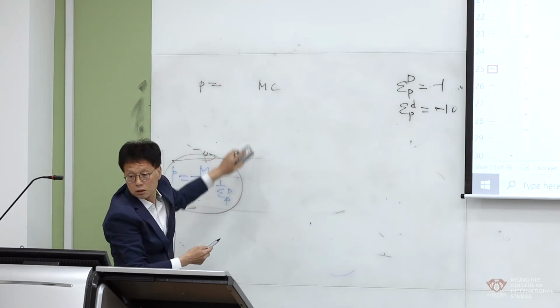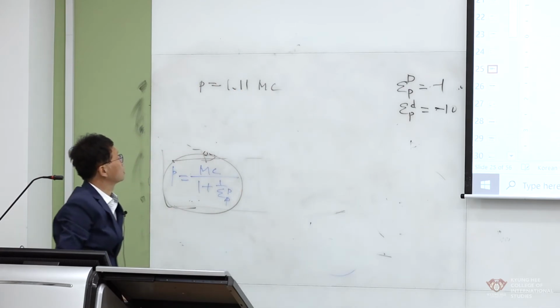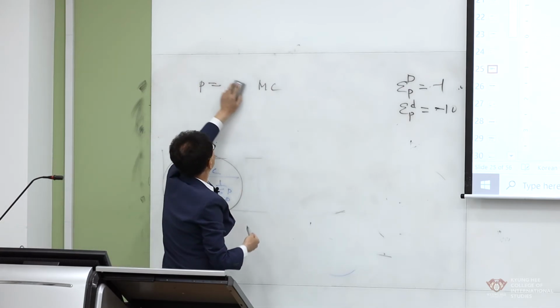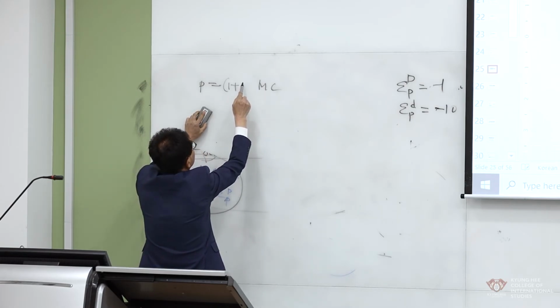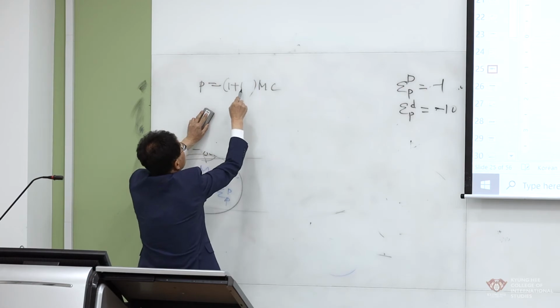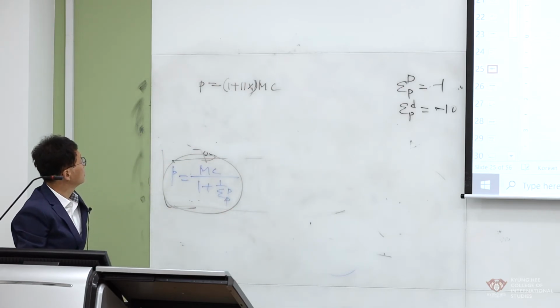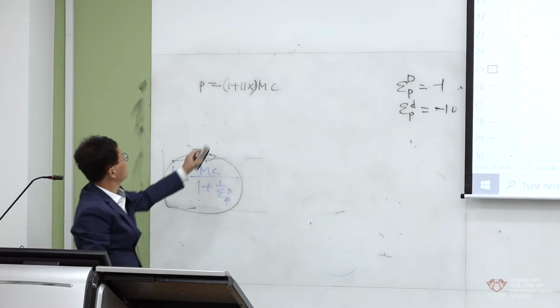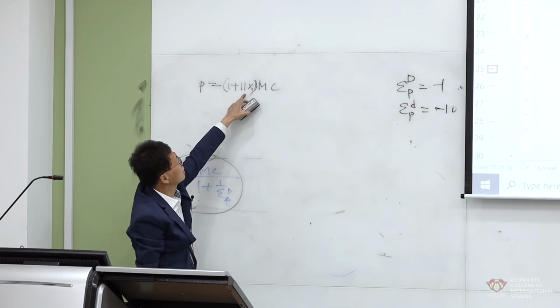approximately 1.11. Rewriting, this one is 1 plus 0.11. 0.11 means 11%. Right? 0.11 in numbers is equal to 11%. That means price markup is 11%.